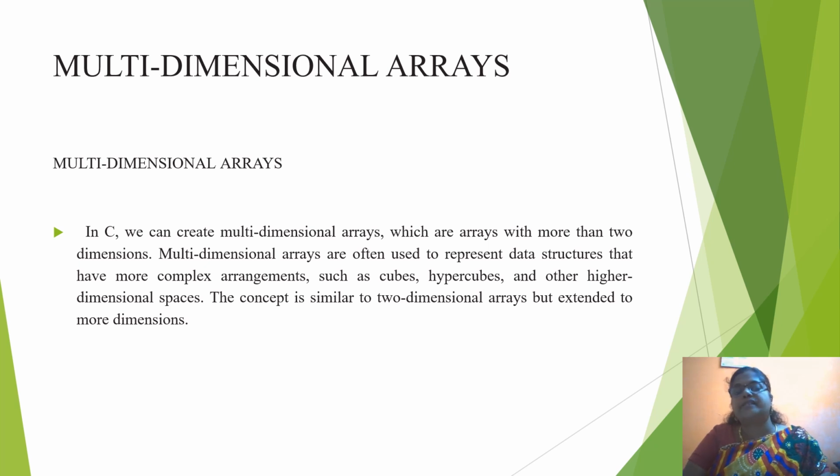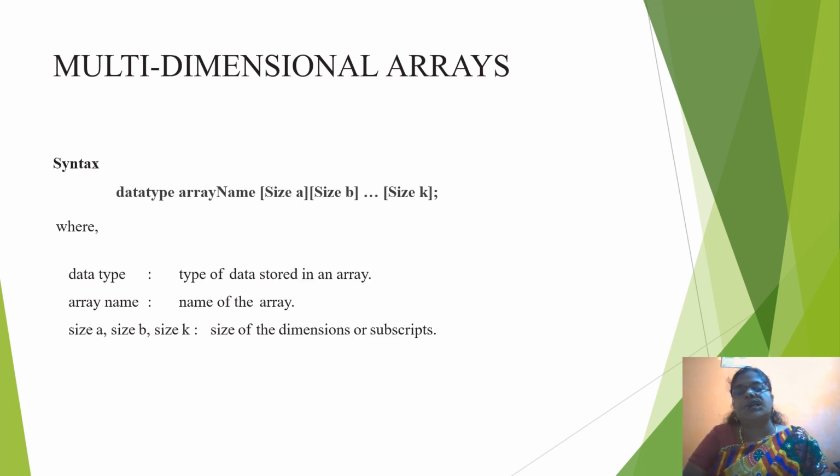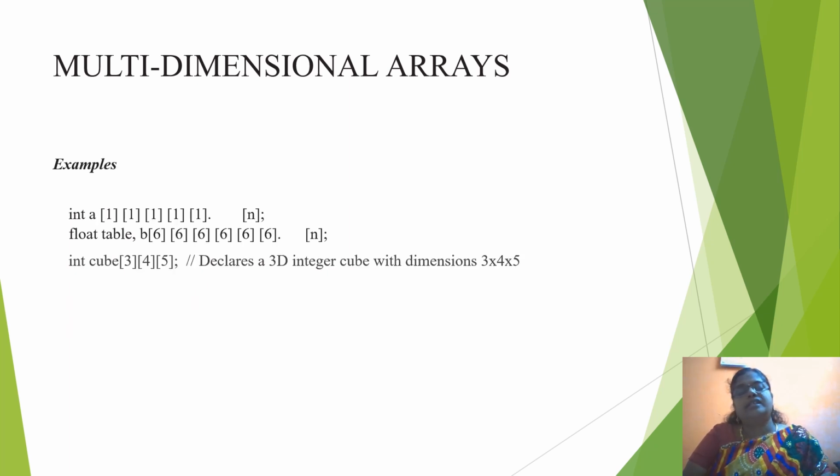The concept is similar to two-dimensional arrays but extended to more dimensions. The syntax is data type array name[size A][size B]...[size K]. Data type is the type of the data stored in the array, array name is the name of the array, and size A, size B, up to size K are the sizes of the dimensions, which are subscripts. These are examples of multi-dimensional arrays with many dimensions.